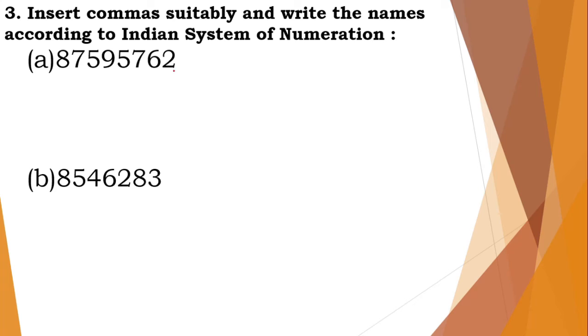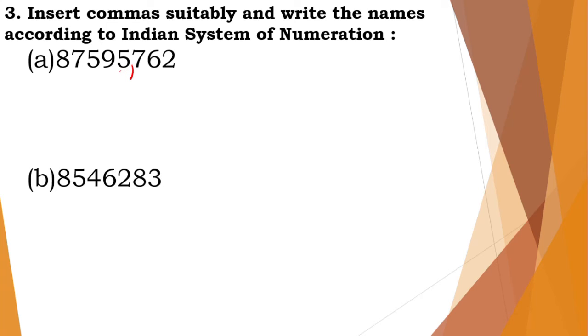Like in the first question, we will put the first comma after 3 digits. So 1, 2, 3. We will put the first comma. But now we will put the commas after 2 digits. Because only the first comma will be after 3 digits and then we will put the comma after 2 digits.